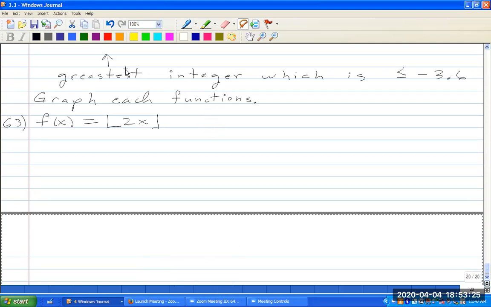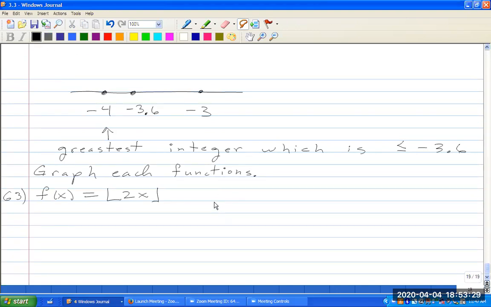Okay, so the function looks like, and let's say that this is 1, 2. Okay, so at 0, it's 0.